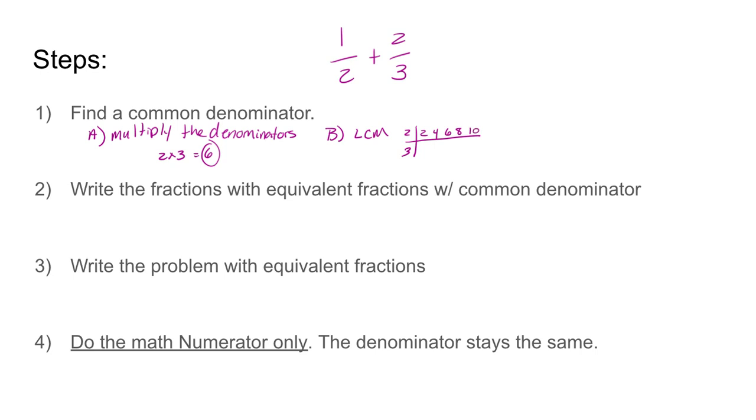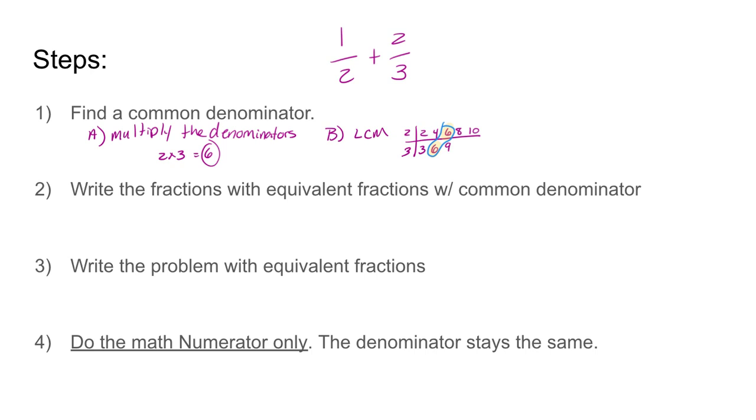So I'm just skip counting by that number. For 3, I have 3, 6, 9. Oh, I can see right here. Let's highlight with this color. I have a 6 here and a 6 here. So for those two, the least common multiple would be 6.